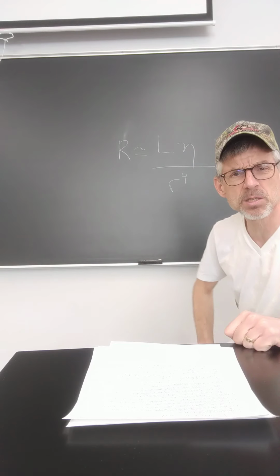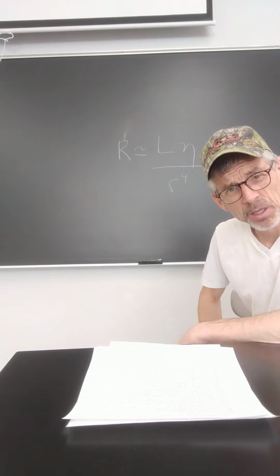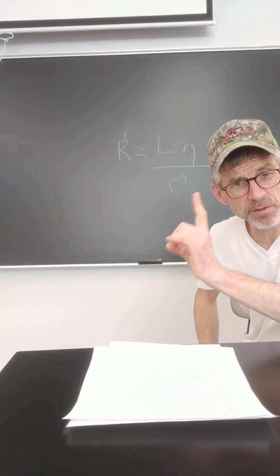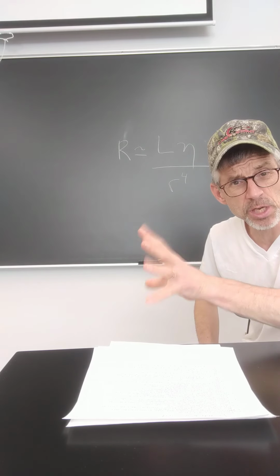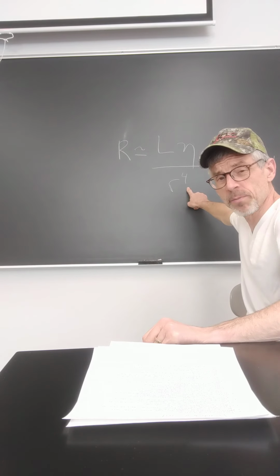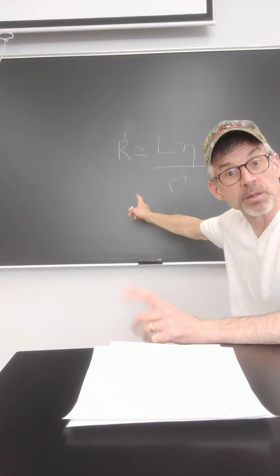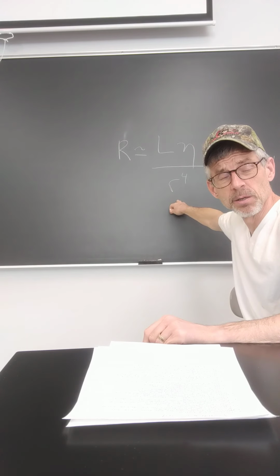That is the radius of the blood vessel to the fourth power. Please note that the size of the blood vessel has a huge impact on resistance. To the fourth power is the radius. Also note that the size of the blood vessel, the radius, is in the denominator.